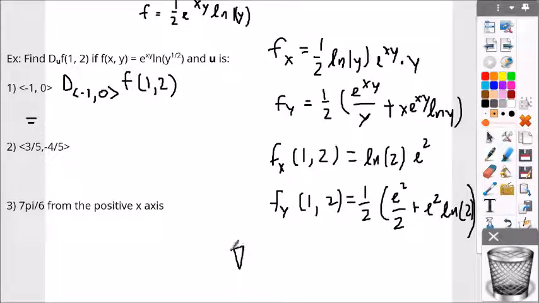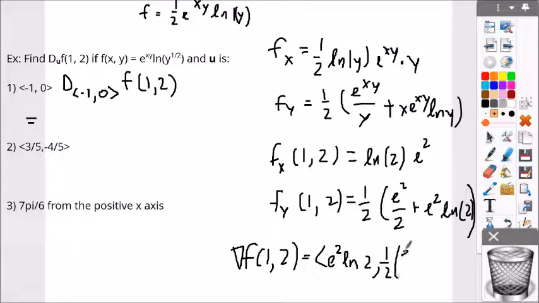So the gradient vector of f at 1 comma 2 is e squared times natural log 2 comma 1/2 times e squared over 2 plus e squared times natural log 2.